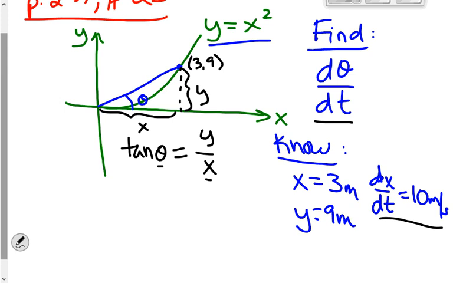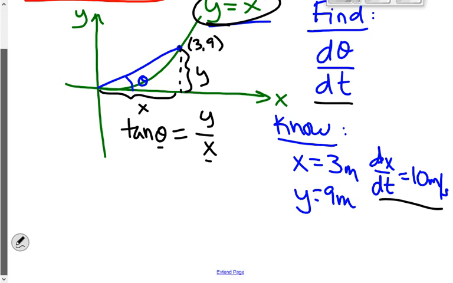Okay, so I'm not going to worry about that yet because I do in fact have a relationship between y and x. Yes, I do know that at this moment y is equal to 9, but you have to be very careful when you do these problems not to substitute the numbers in too soon because that locks you into one particular point instead of developing an equation for how the rates are related. Okay, that'll work anywhere. So the next step is usually to take the derivative.